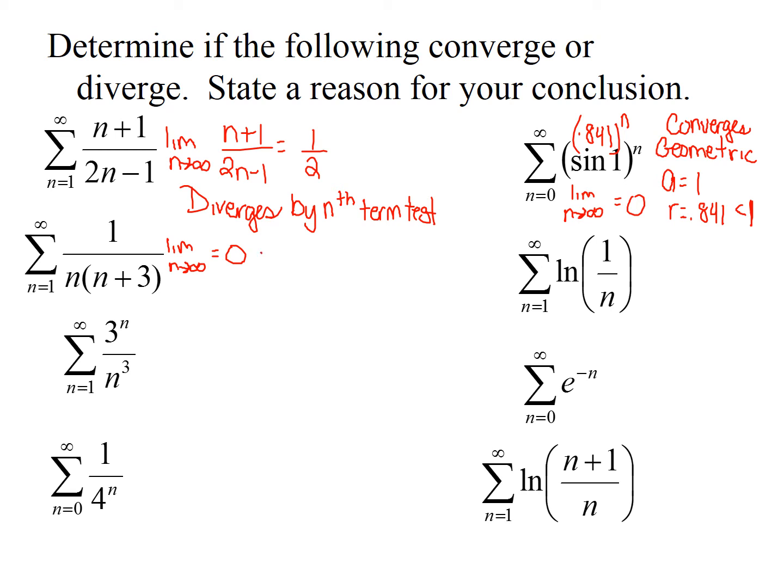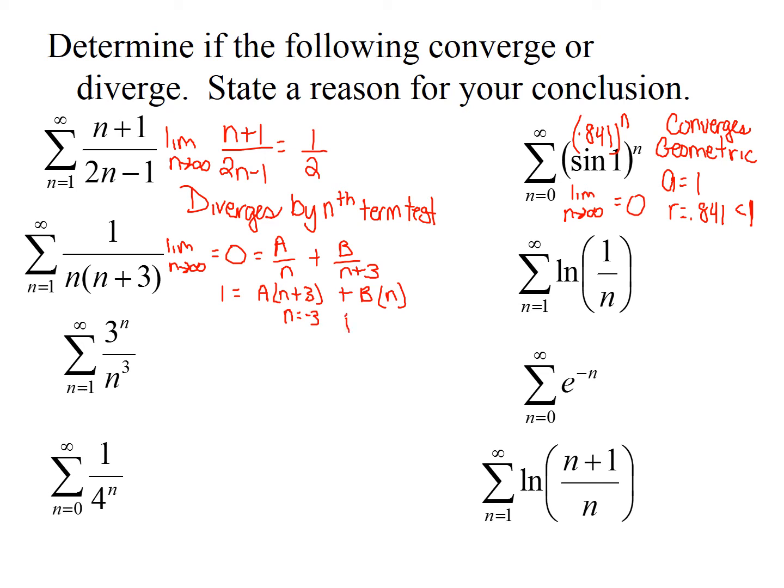So we'd have to do our handy-dandy A over n plus B over n plus 3. We get 1 is equal to A times n plus 3 plus B times n. Let n equal -3.